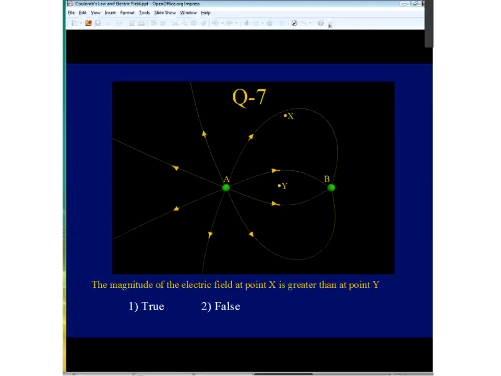Near Y, they are quite close. So at Y, field should be stronger. Density of field lines gives E.